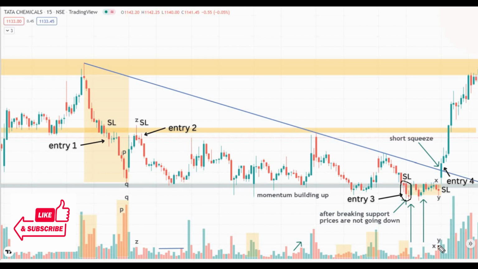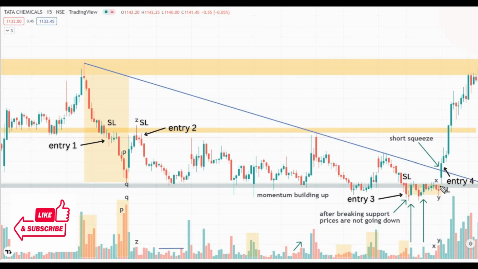But what happened with the increase in volume? From here, the volumes have definitely increased, but what happened to the price at X and Y? Prices are forming higher low formation, and also there is a price and volume divergence, that is hidden buying happening at Y and X. That's why prices are not going towards the downside.